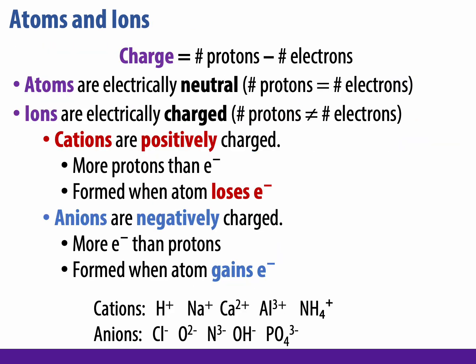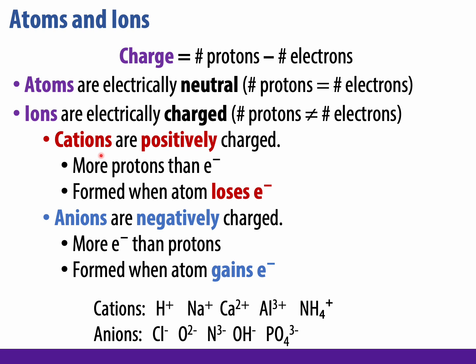Okay, next, let's look at ions. Because protons are positive and electrons are negative, the charge on an ion is protons minus electrons, as shown here. There are two types of ions. Cations are positively charged, having more protons than electrons, and are formed when an atom loses electrons. Anions are negative, and are formed when an atom gains electrons.